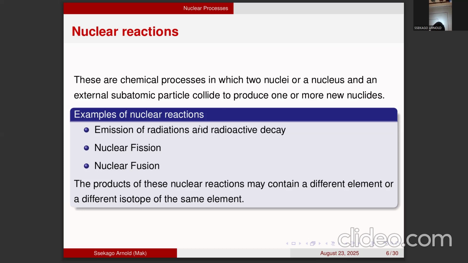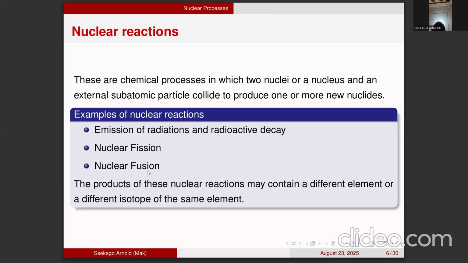There are examples of nuclear reactions. We have radioactivity or radioactive decay, which results in emission of radiations, so it is also a nuclear reaction. We have nuclear fission, as I highlighted earlier: here we look at splitting of the nucleus of a heavy atom to form nuclei of lighter atoms.